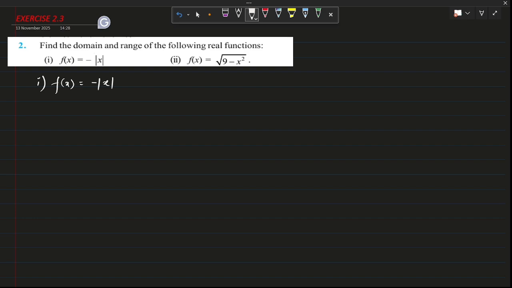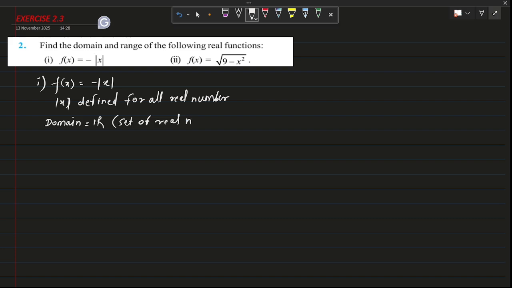Since mod x is defined for all real numbers, it has the domain, what will be the domain of this function, equal to the set of real numbers.